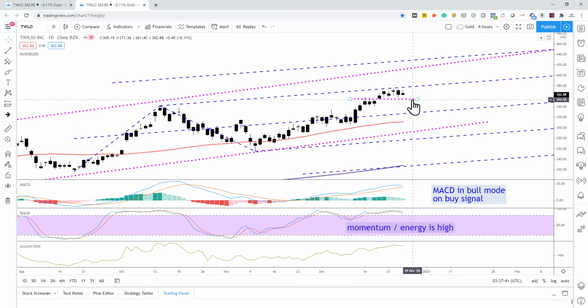I think this last line that I drew here is a support resistance level. You see it's acting as resistance, then price pops above, and now it's acting as support. If we were looking for a stop on this thing, that's 353.